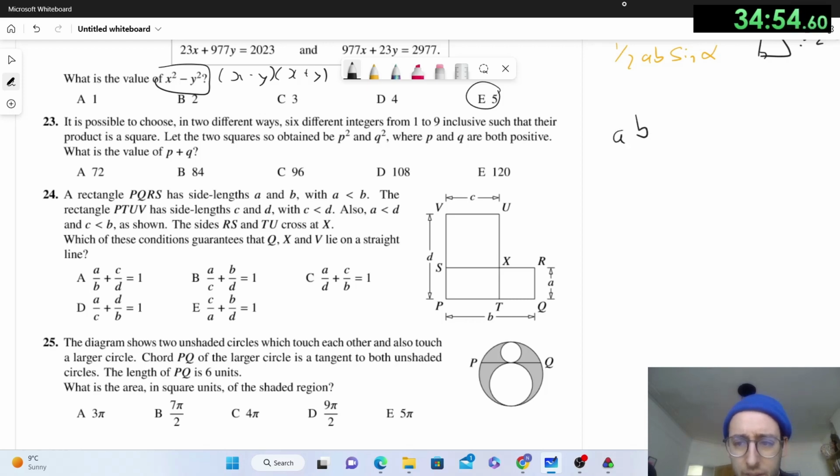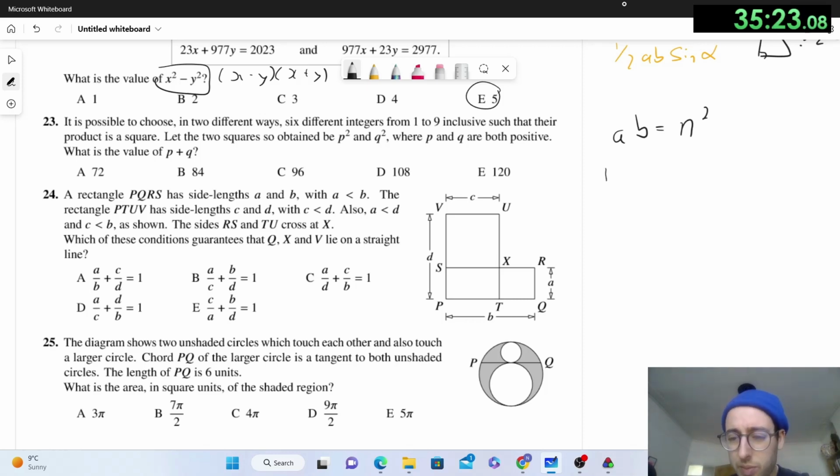Okay, we've got AB is a square. Wait, it's 6 different positive integers. Oh, the product of 6 numbers is a square.